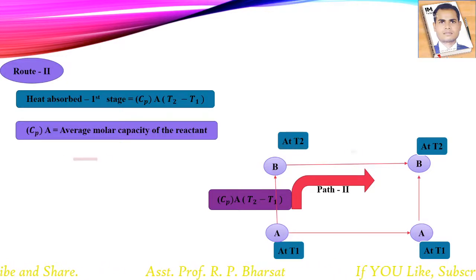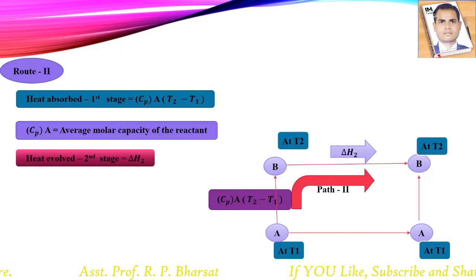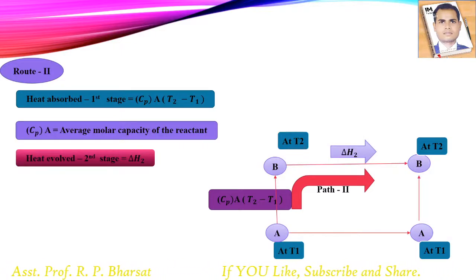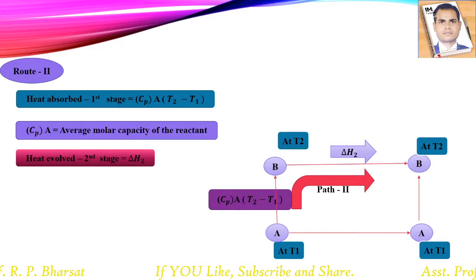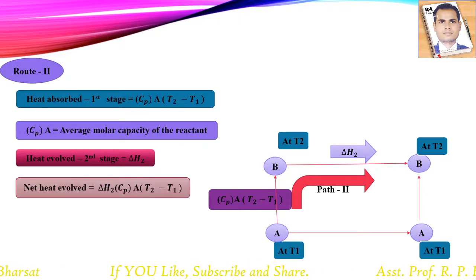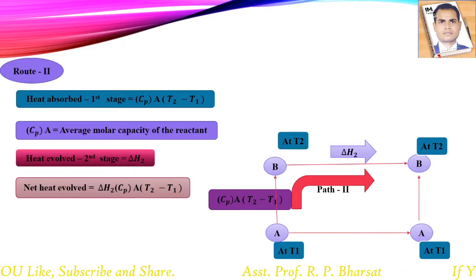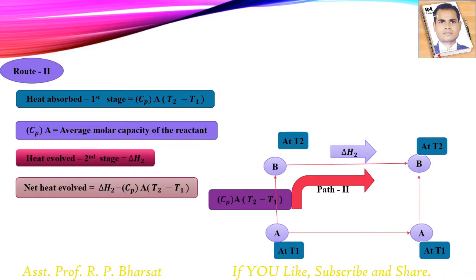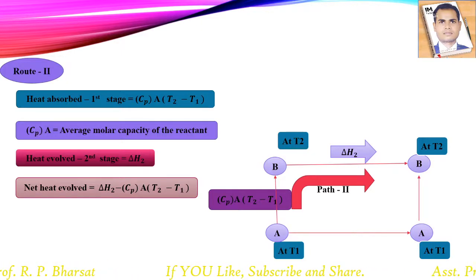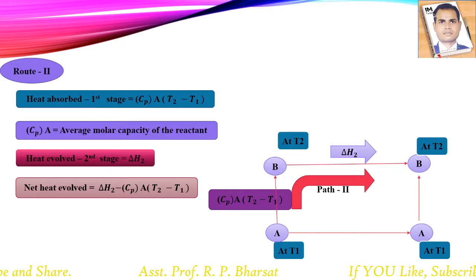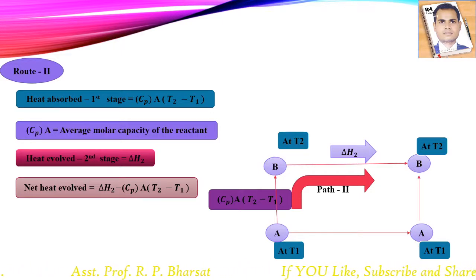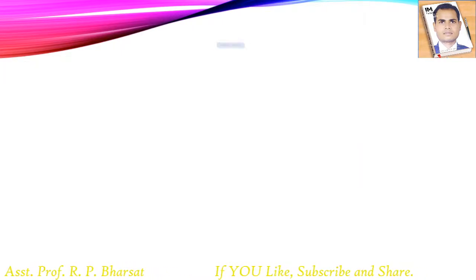In the second stage heat evolves, that is delta H2. So the net heat evolved is equal to delta H2 minus Cp A (T2 minus T1). That means the initial state and final state are the same in both cases.